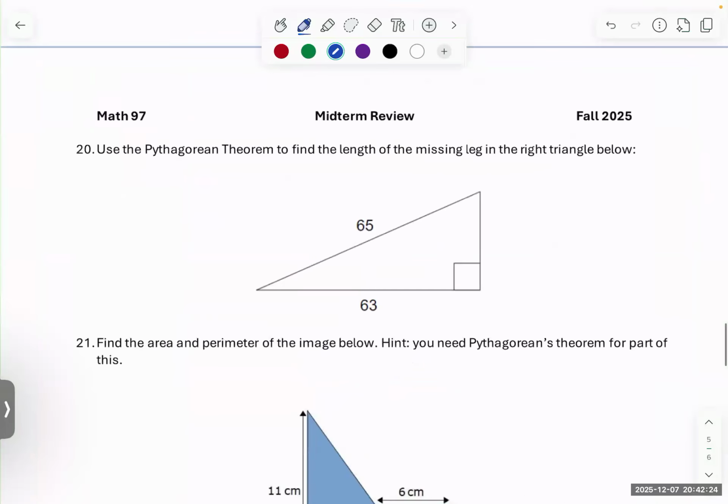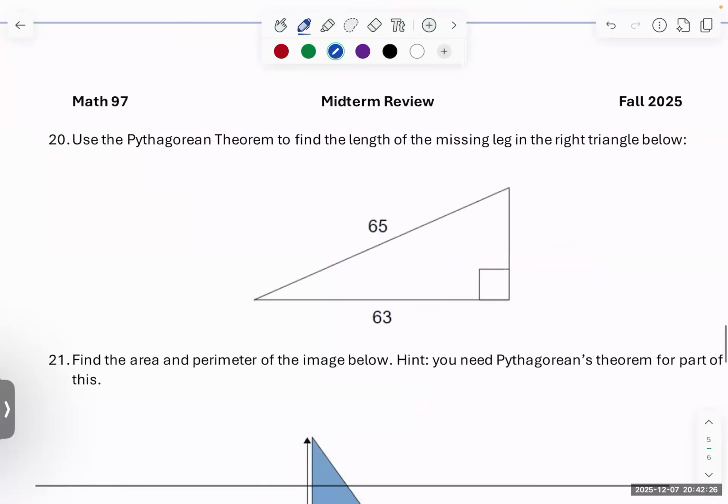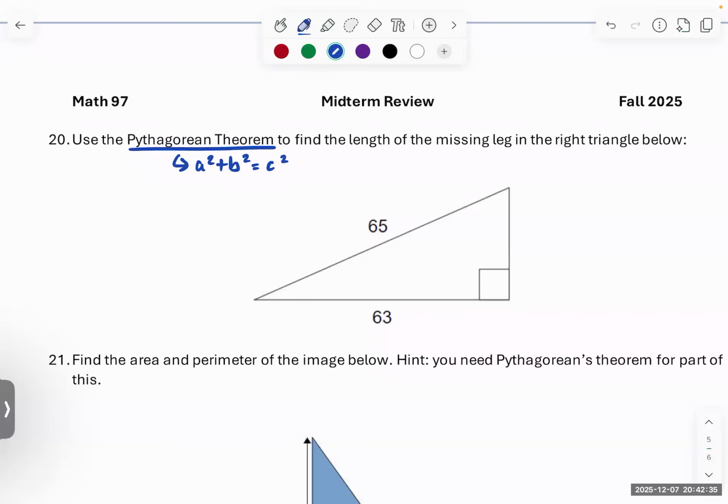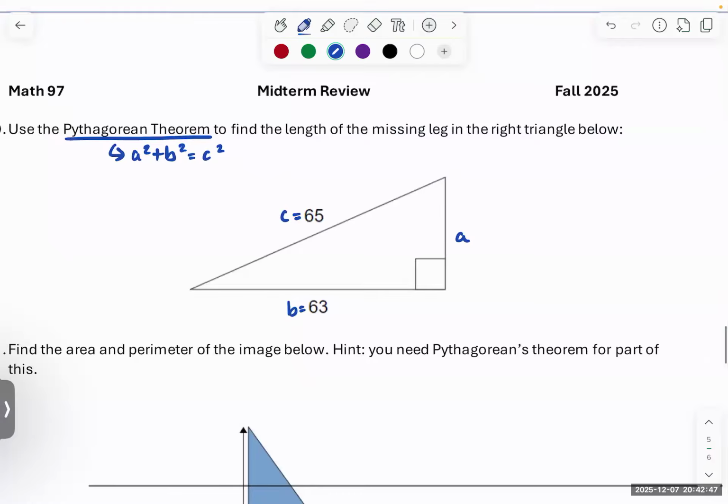Use the Pythagorean theorem to find the missing length of the legs. So the Pythagorean theorem is a squared plus b squared equals c squared, where a and b represent legs, and c is the hypotenuse. So we'll let this be a. Okay, so we have a squared plus 63 squared, and it has to equal 65 squared.